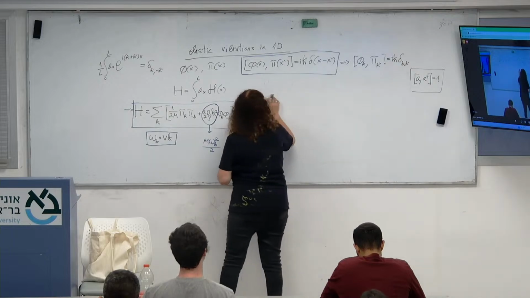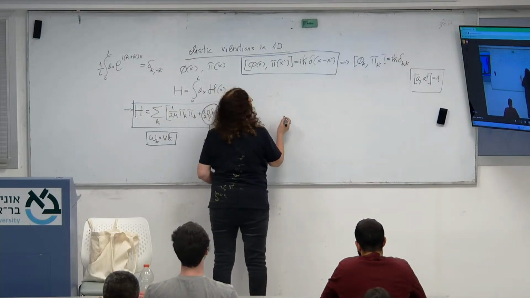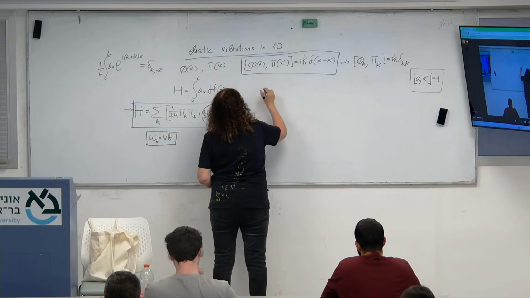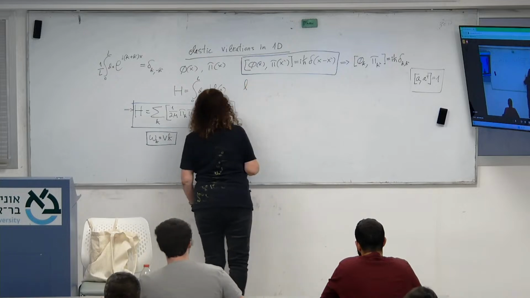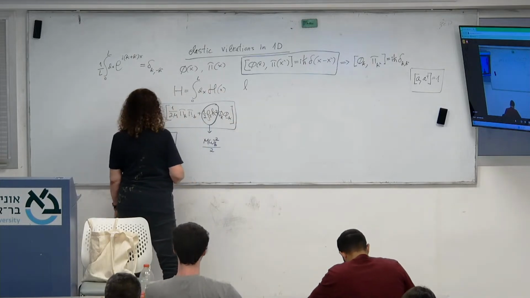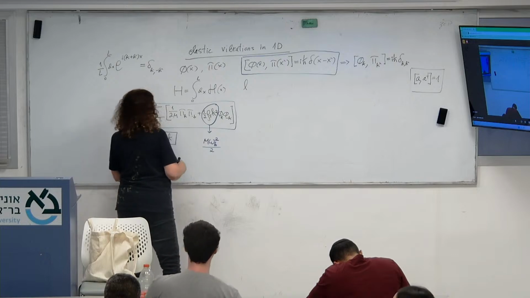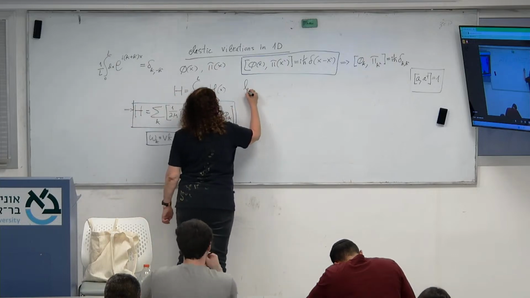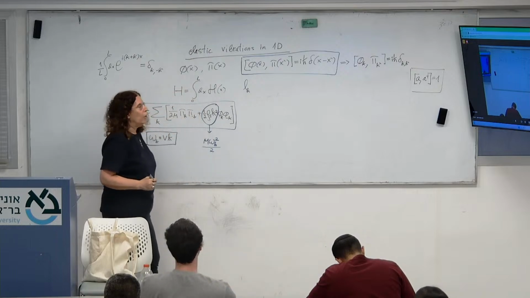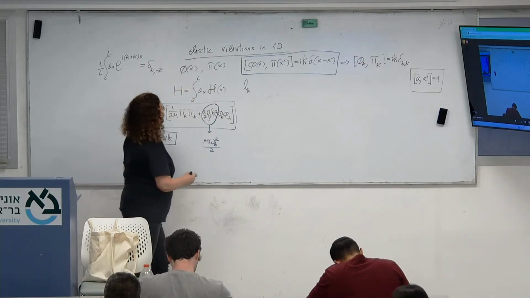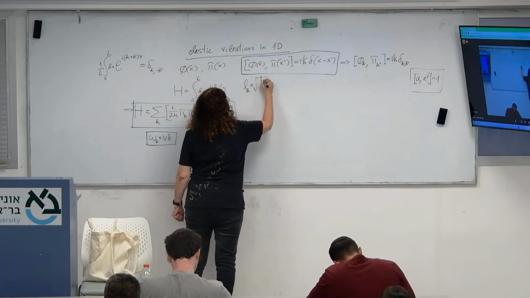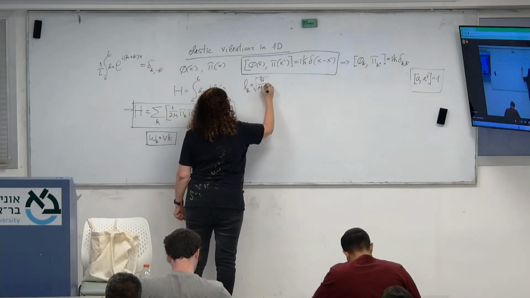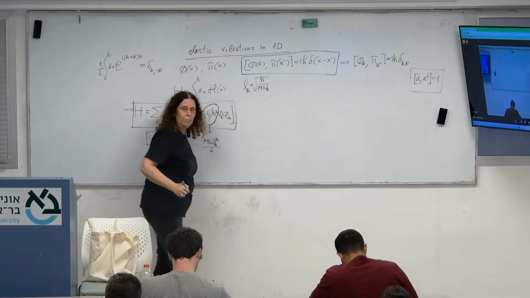Okay, so let me now define. First of all, just like the way I did for the harmonic oscillator, I define a length scale that I call Lk as the square root of h bar over m omega k.